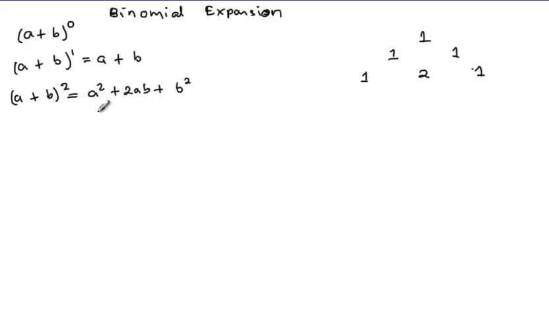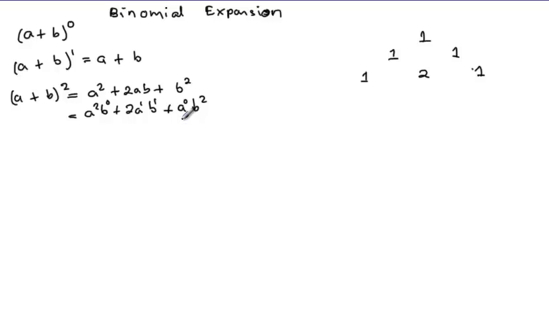But there's something more interesting. Here we've got a power 2, b power 0, plus 2a power 1, b power 1, plus a power 0, b power 2.